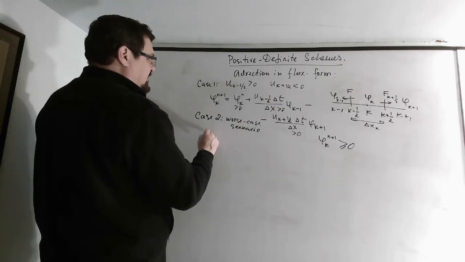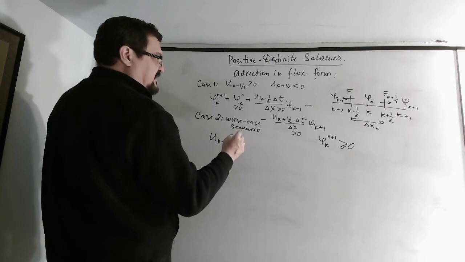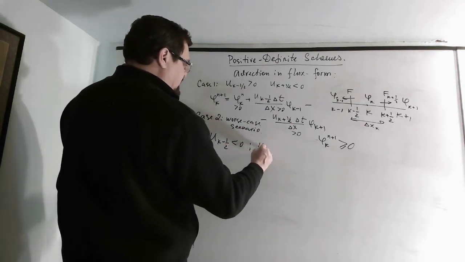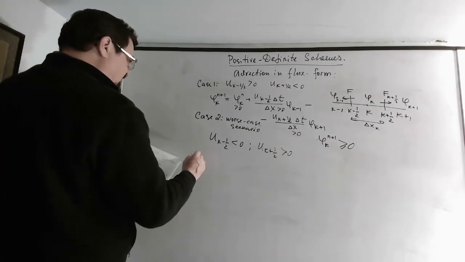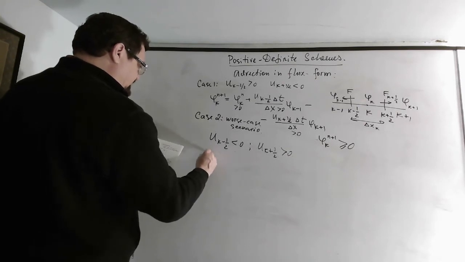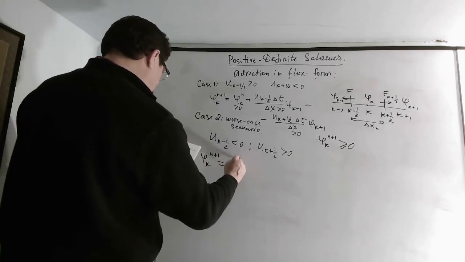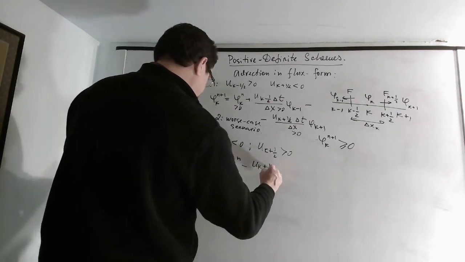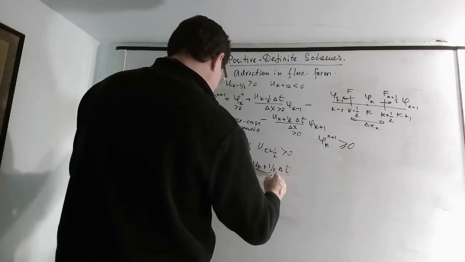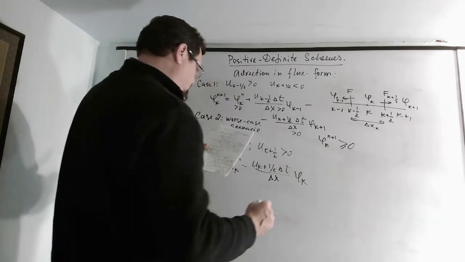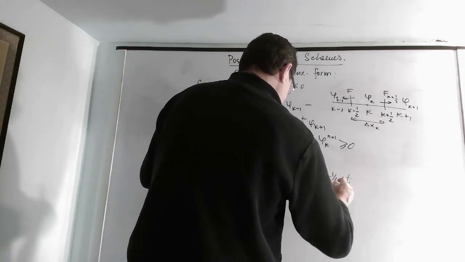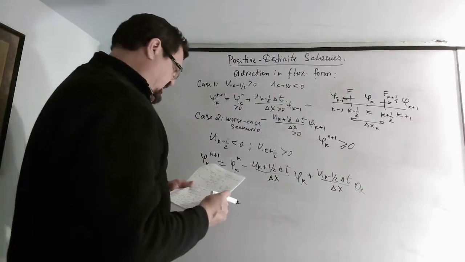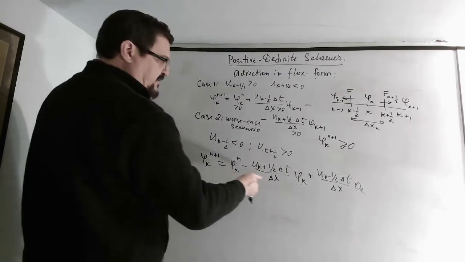In that case, your u_{k-1/2} is negative, and u_{k+1/2} is positive. And it's very easy to see that then your scheme would look like the following.